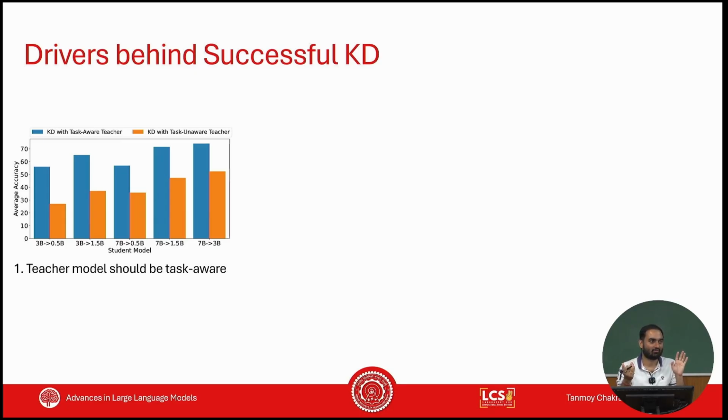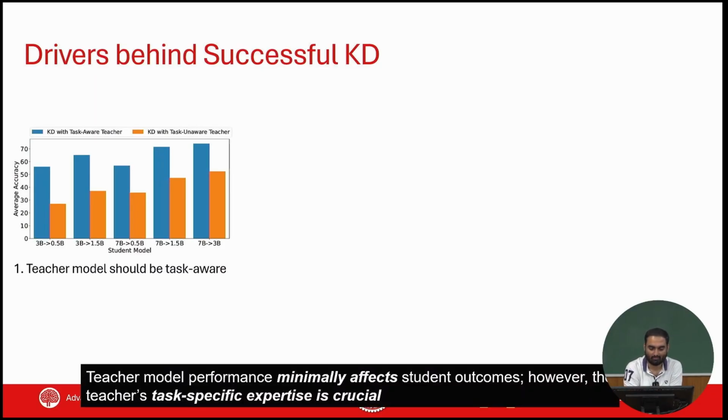You should always choose this one, not this one. A generic highly capable model is not good enough compared to a task specific teacher model. You see these blue bars indicate KD with a task aware teacher, and orange bars indicate KD without a task aware teacher, and with a task aware teacher is always better than without.